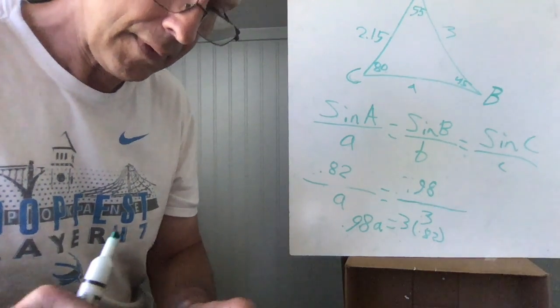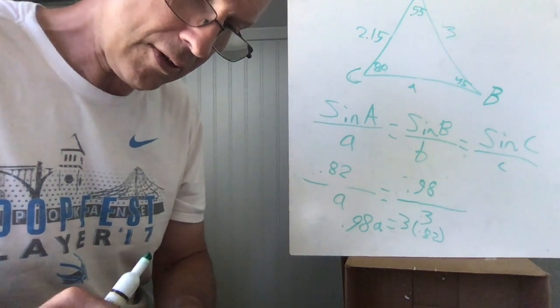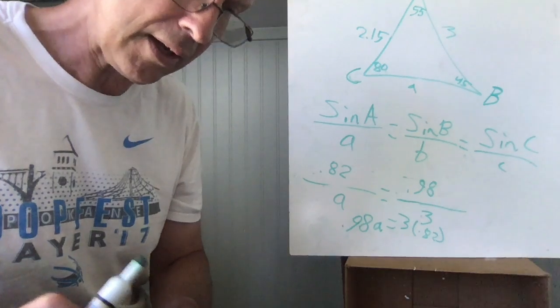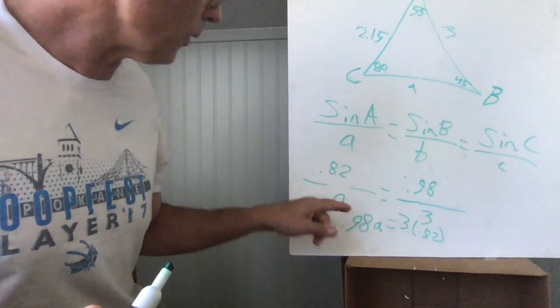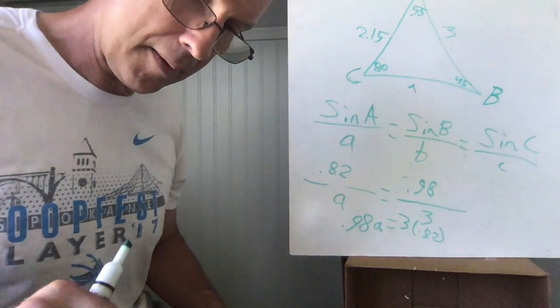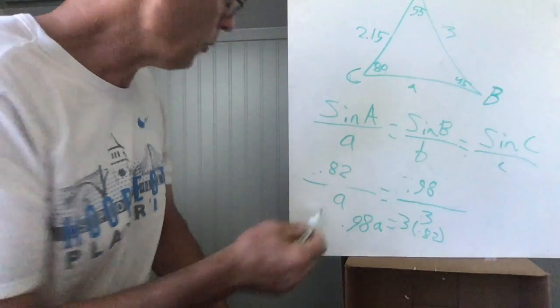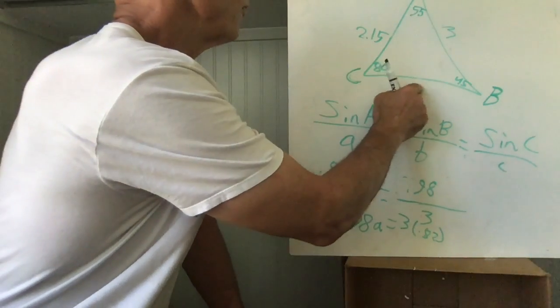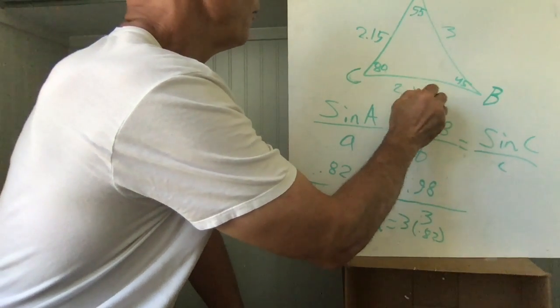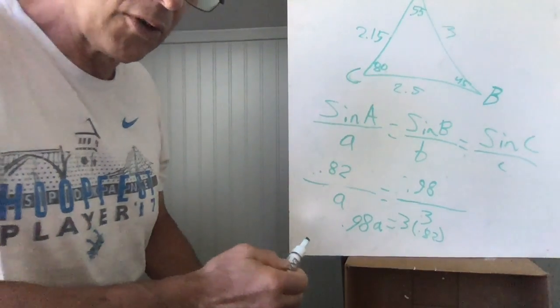So 0.82 times 3 equals, and then we're going to divide that by 0.98, 2.5. So this is going to be about 2.5, 2.51.